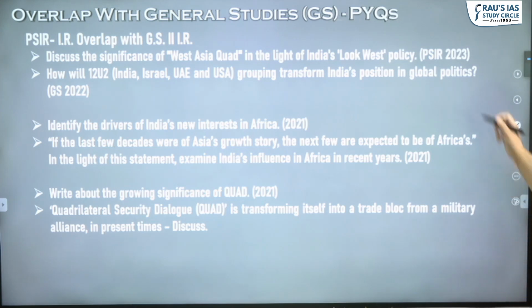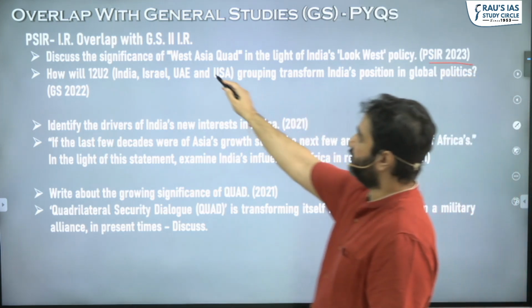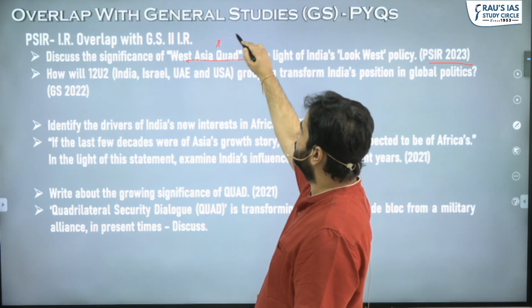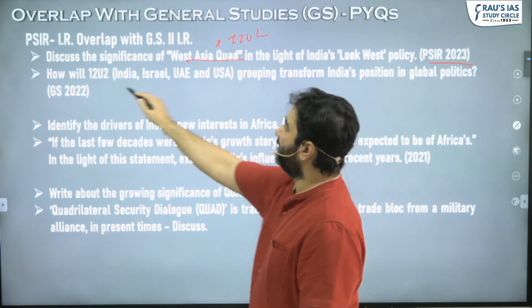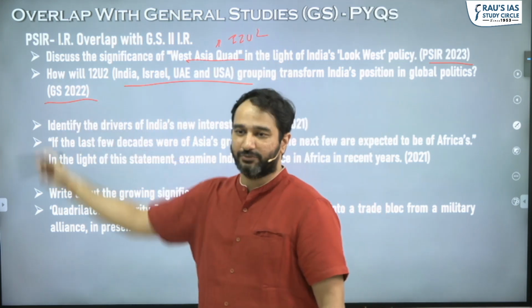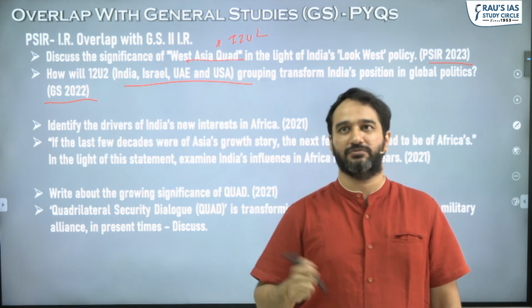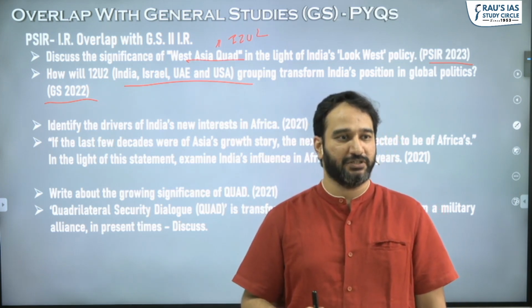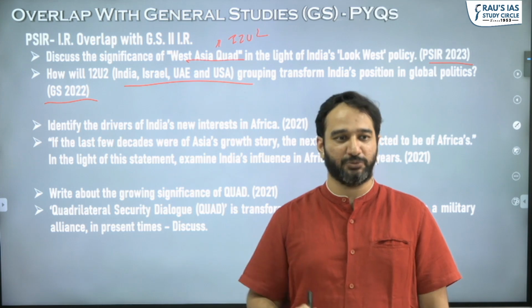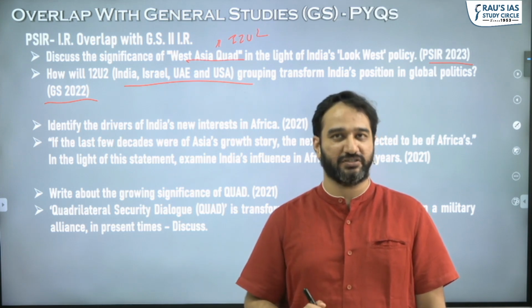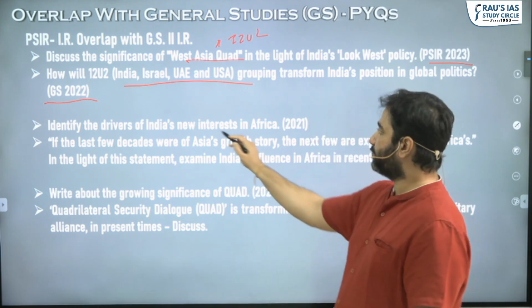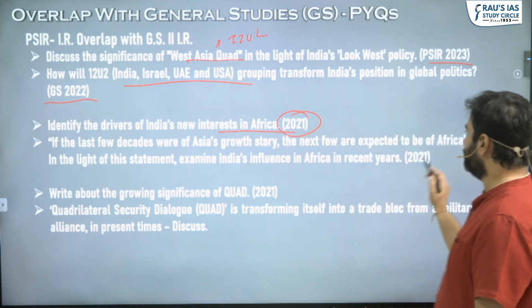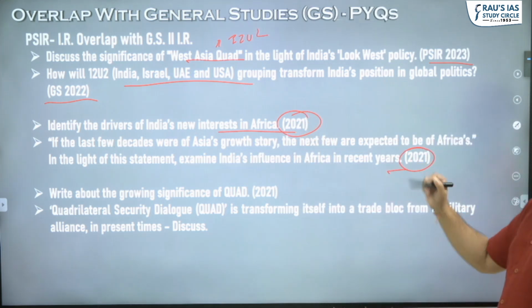All right. So this question was asked in PSIR, West Asia Quad, which is I2U2. And I2U2 was asked in GS paper in 2022. So one year later. West Asia Quad asked in 2023, I2U2 asked in GS in 2022. India's foreign policy in Africa 2021 and India's policy in Africa 2021.